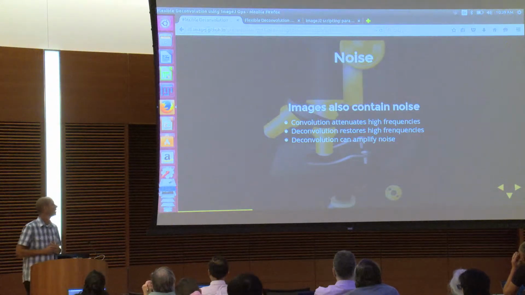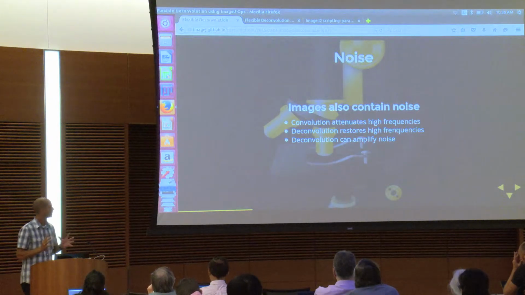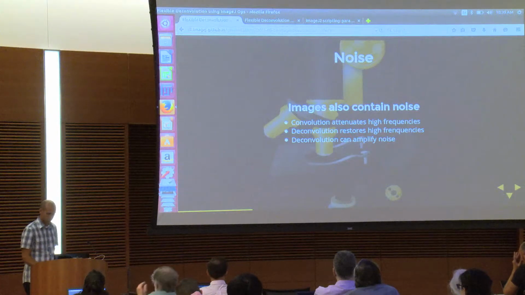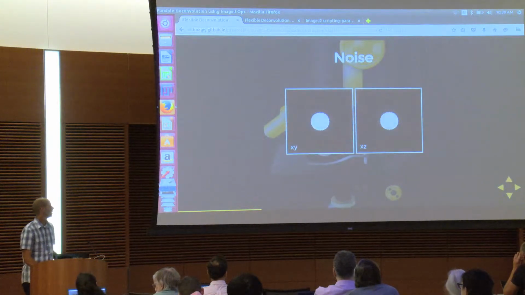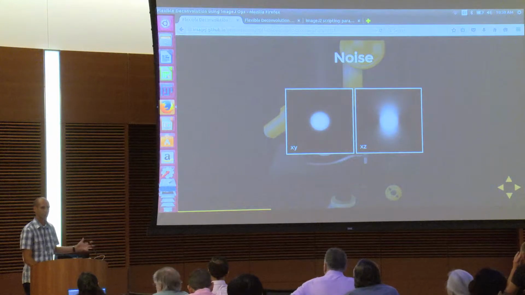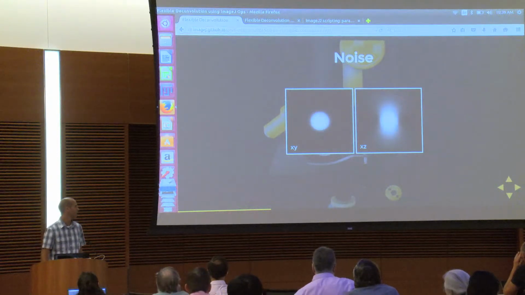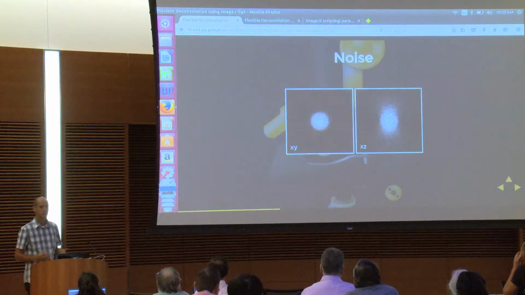Another thing that's really important when we're doing deconvolution is to consider the noise. So we have our objects, they get blurry, and if this was all that happened, the problem would actually not be that difficult to solve. But in reality, we also have noise.